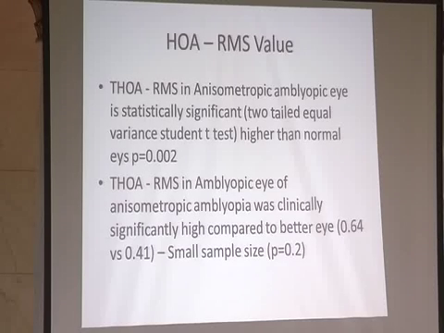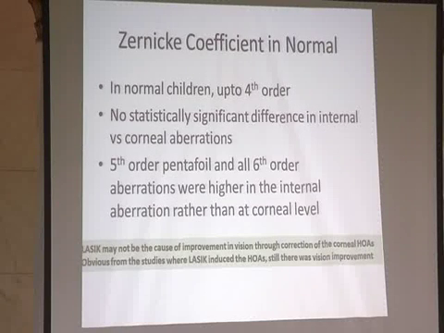Our cutoff was 0.4: less than 0.4 usually belongs to normal, and more than 0.6 almost essentially belongs to anisometropic amblyopic eyes. But this is when we compared with normal eyes. When we compared the anisometropic amblyopic eye with the other eye of the same patient, though the clinical difference was there, around 0.2, it was statistically not significant because of the small sample size.